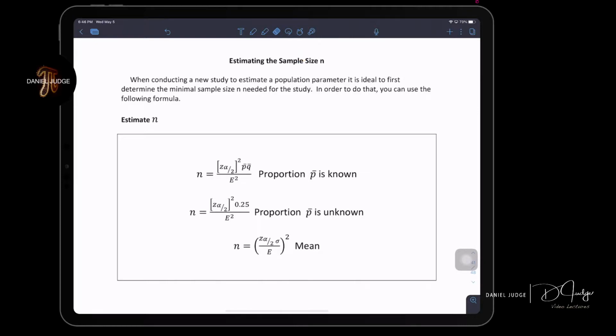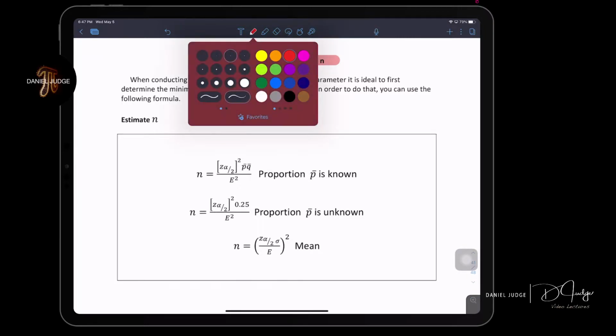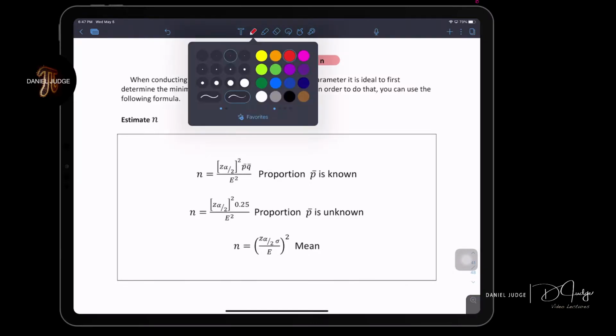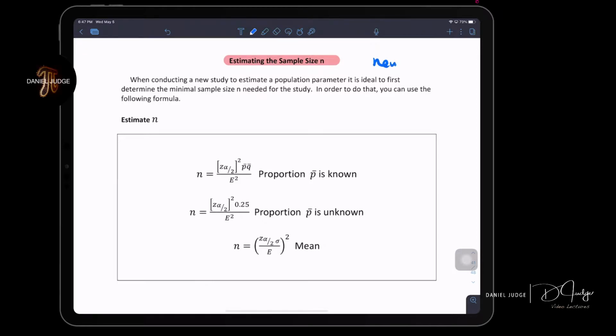This is the estimate the sample size worksheet portion. And when we're going to estimate the sample size, it's because we're going to perform a new study. We don't want to waste any time gathering extra data that's not needed.